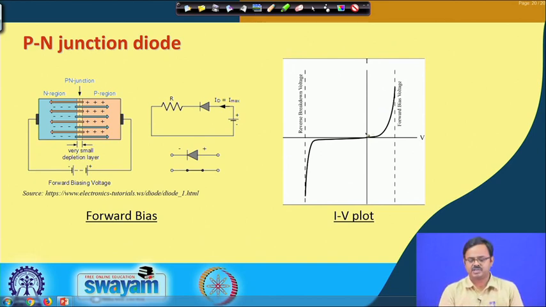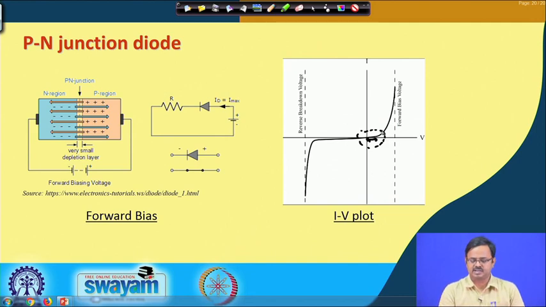At the beginning, with forward bias voltage, as I increase the voltage, there is some threshold after which I start measuring the current. This threshold is required to overcome the potential barrier that was there initially. So for a certain voltage range we will not be able to measure a current, but thereafter we will see an increase in the current value. Clear?